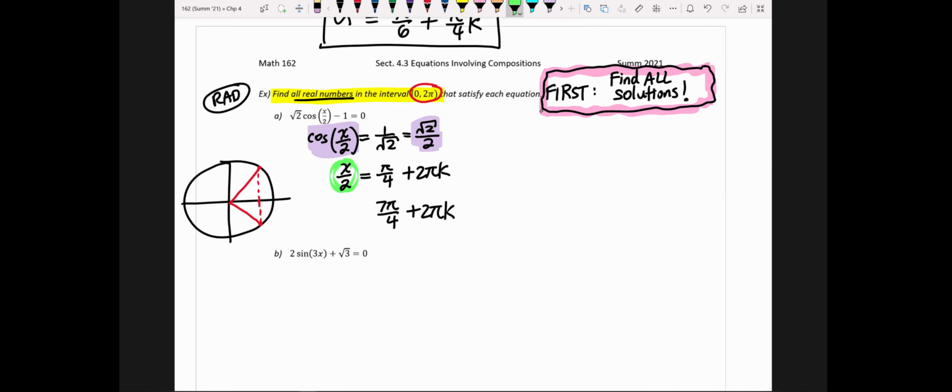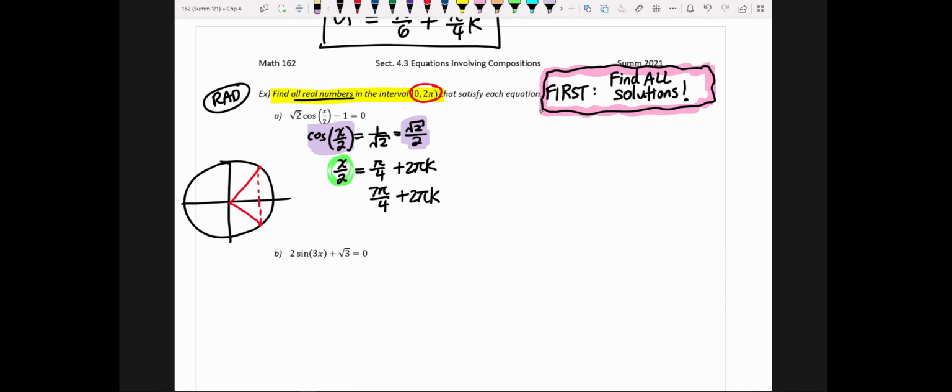Okay, Miguel, this time, how do we isolate x? What do we do to both sides to get x by itself? Very good.